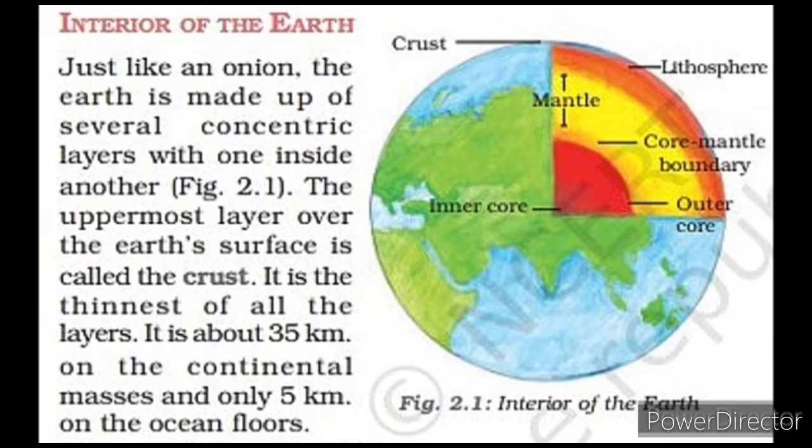However, despite being 35 kilometers and 5 kilometers deep, as we have seen, the crust is considered the thinnest layer among the three layers, that is the crust, the mantle and the core.